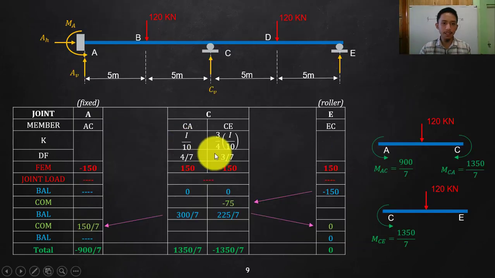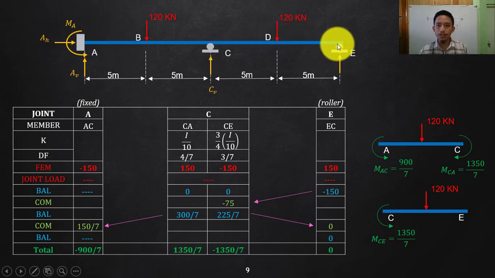Now, let's go back here. Again, you do not need to be solving your stiffness at joint A since there are no other members connected to that. And actually that is a fixed support, so we do not need to be distributing whatever is the excess there because that will be carried by the fixed support. At joint E, the same thing.